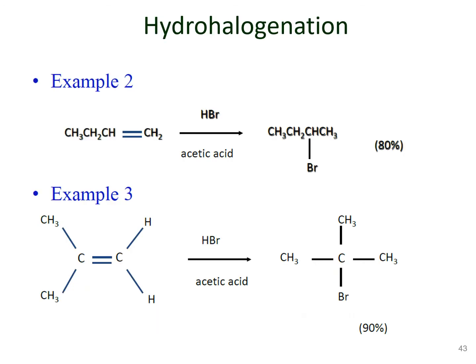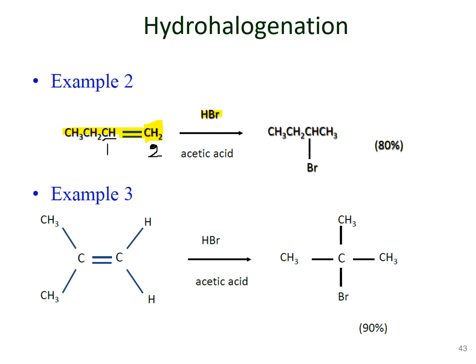Now a couple more examples applying Markovnikov's rule. Again we have a butene with the double bond present between carbon 1 and 2. HBr, hydrogen bromide, is added, and acetic acid is the environment in which this will happen. As we discussed, the rightmost carbon has two hydrogens already present, whereas this one only has one hydrogen.